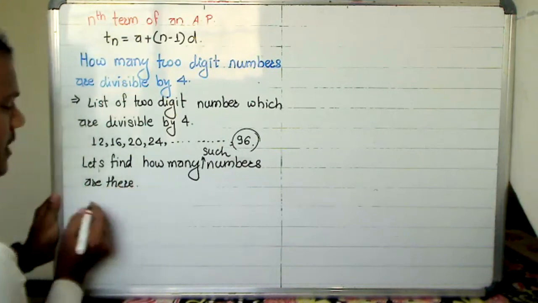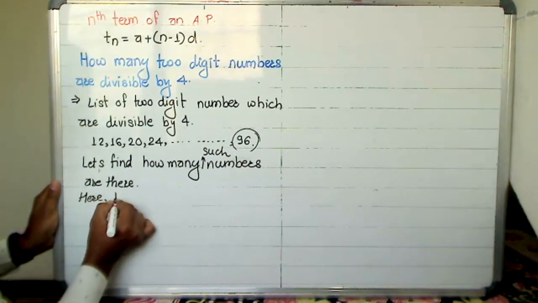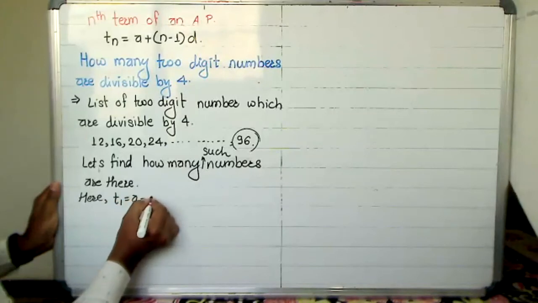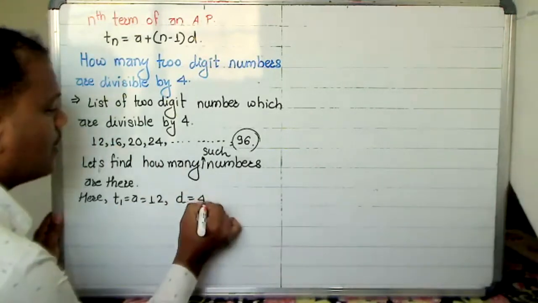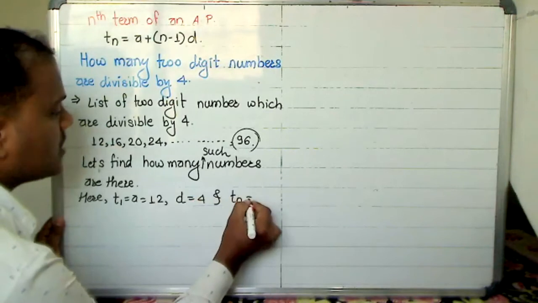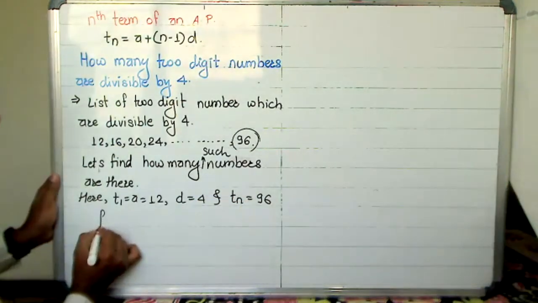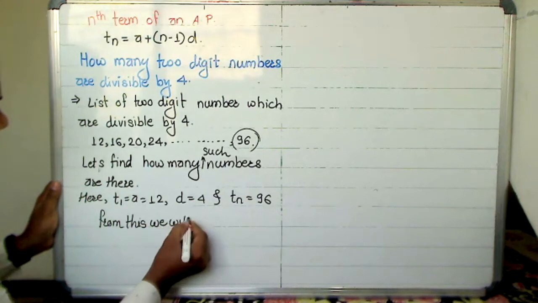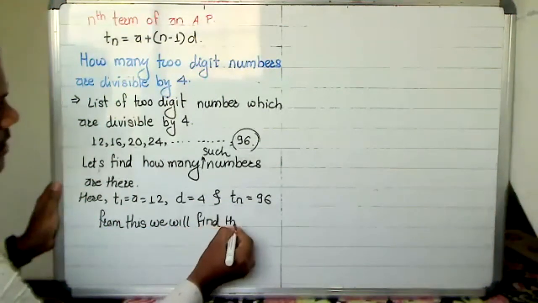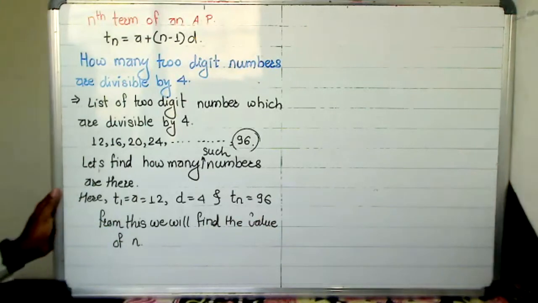Here T1 is equal to a, which is equal to 12. d, the difference between any two numbers, is 4, and Tn is equal to 96. From this we will find the value of n.